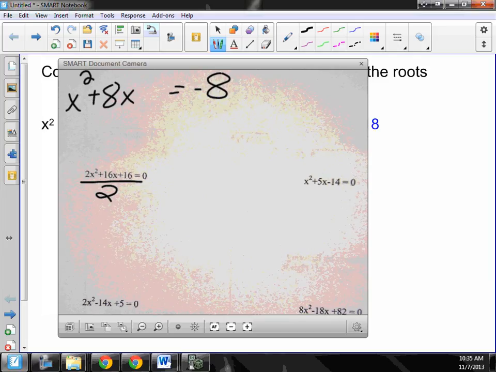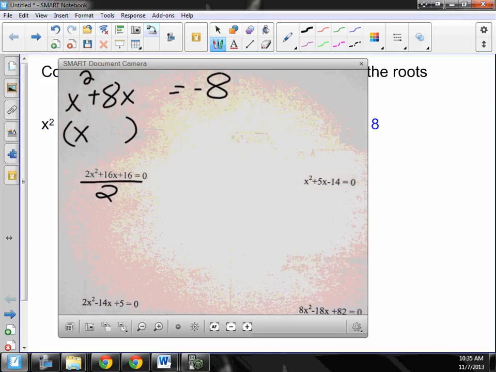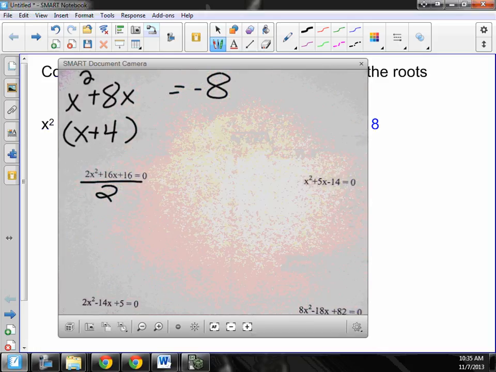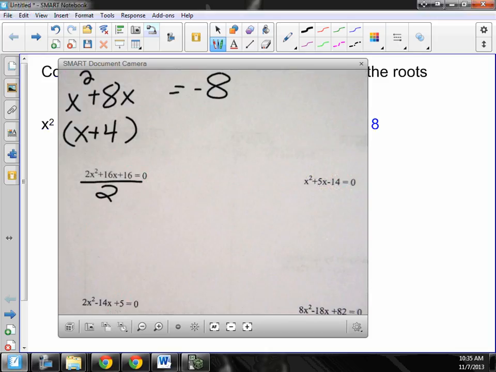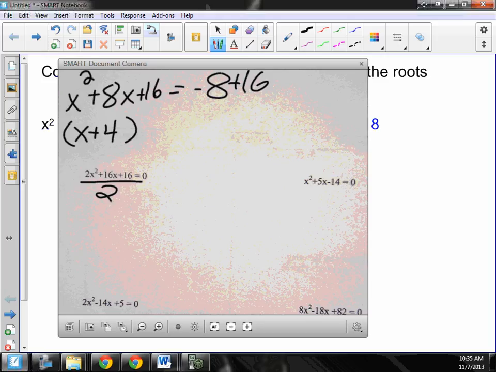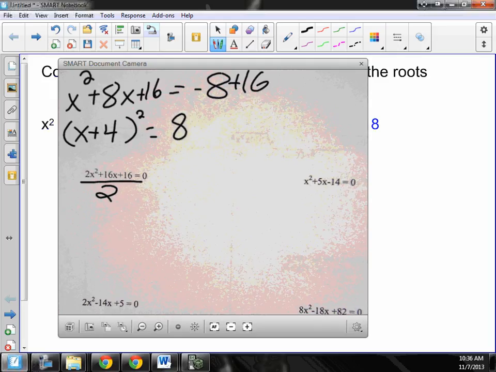Okay? So what is my factor? X plus 4. And if my factor is plus 4, what is my perfect square? Plus 16. So this is x plus 4 squared equals negative 8 plus 16 is just 8.